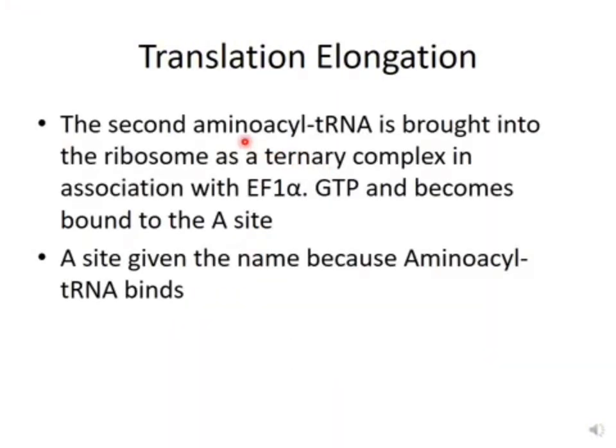The second amino acid tRNA is brought into the ribosome as a ternary complex in association with the elongation factor 1 alpha GTP, and it becomes bound to the A site. It's called the A site because this is where amino acid tRNAs enter the ribosome.